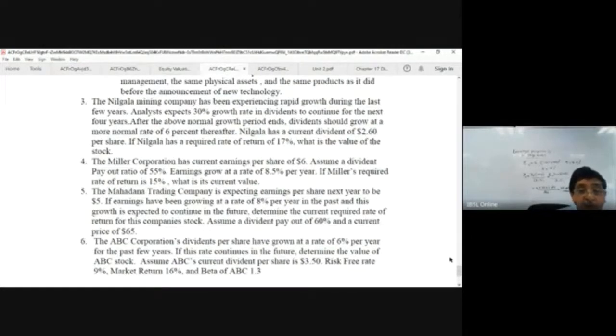Now they have given the earnings per share next year, that is E1. So then you can put it as D1. When you have E1, you will be in a position to calculate D1.